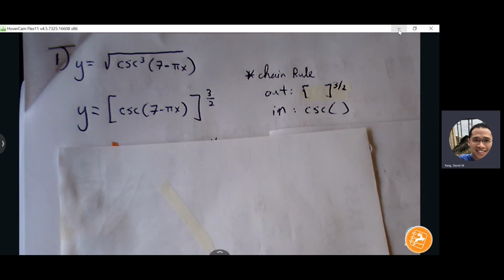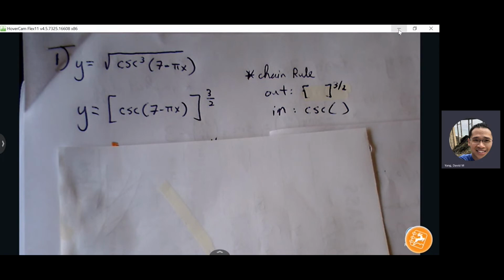So we take care of that bracket to the 3 halves. Comes 3 halves bracket to the 1 half. Keep the inside portion intact. Then we can follow that up with inside derivative.